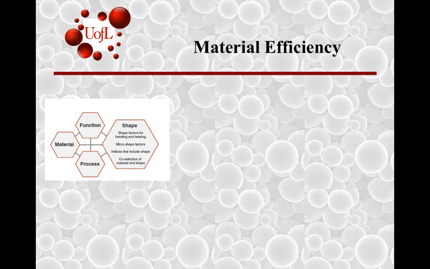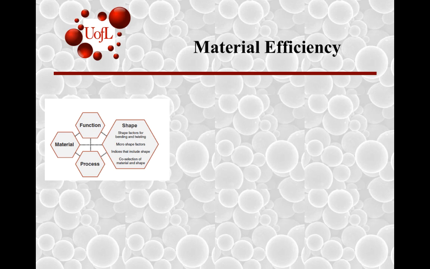During this module, we'll look at different aspects of shape that get included in a design and how that can be accounted for numerically by introducing the idea of shape factors, microscale shape factors, how material indices are modified to include shape related attributes at multi-scale, and how that will allow us to jointly select for a given design material and shape options that would be best suited and would be the most efficient.